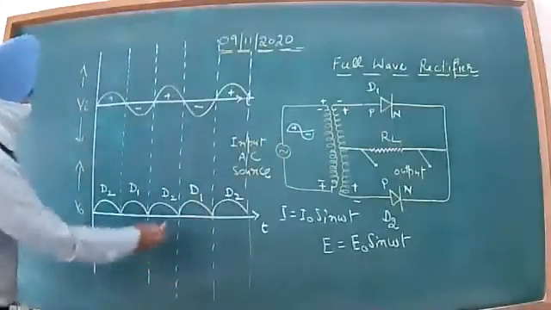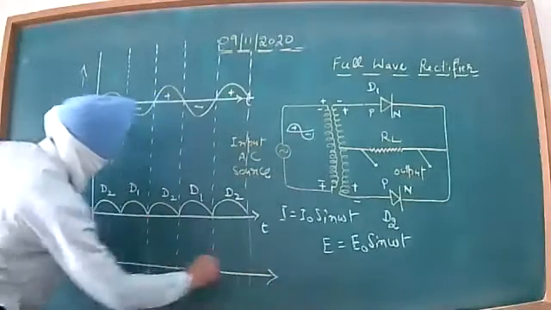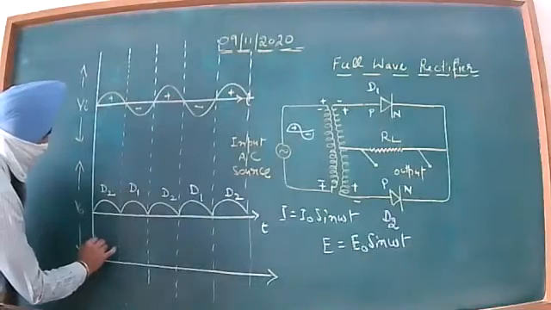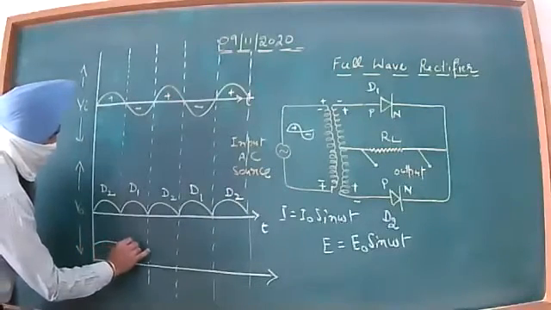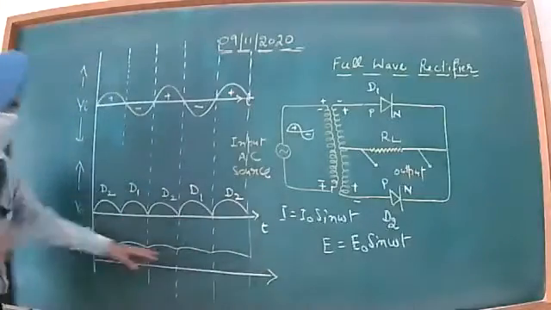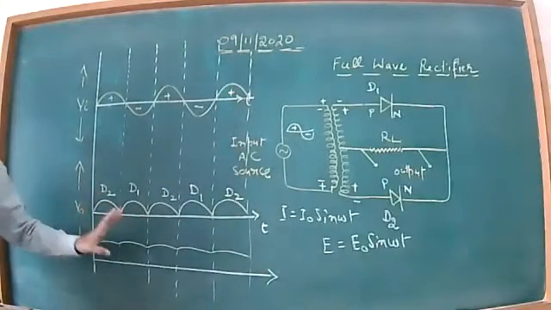After being fed to the filter circuit, your output will probably assume this type of behavior, roughly this type of nature. And this will be then of full use to us.